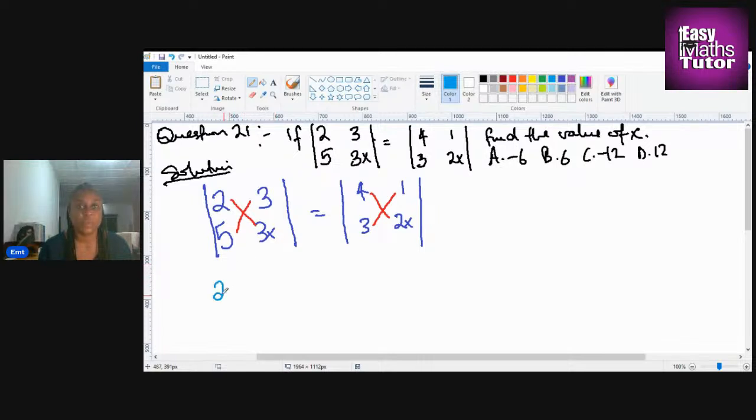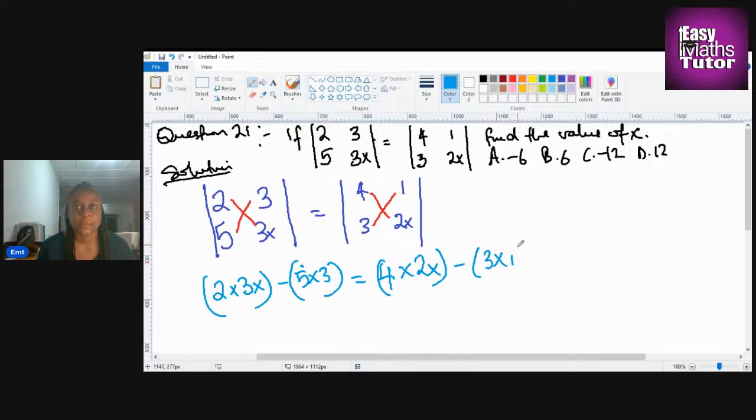So we say 2 times 3x minus 5 times 3 equal to 4 times 2x minus 3 times 1. 2 times 3x gives us 6x minus 15 equal to 8x minus 3.